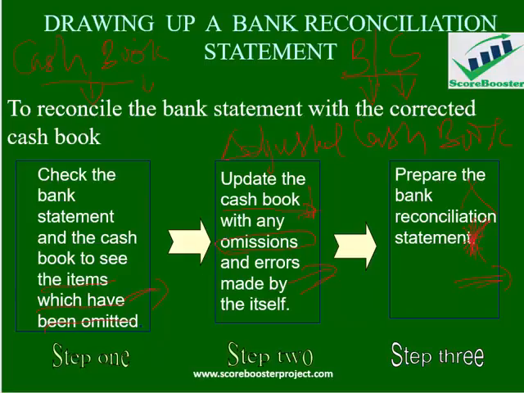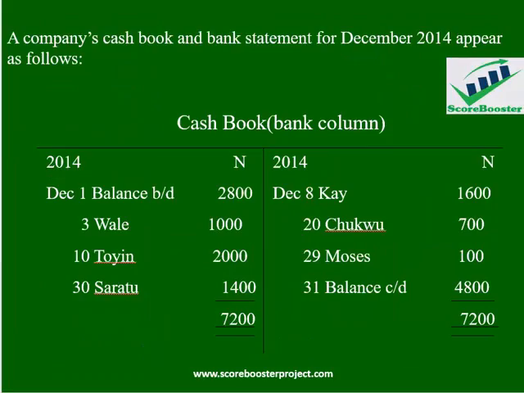So we will now briefly look at one example following these stages we have explained. We have a simple question here I want us to quickly go through so that we can appreciate what we mean. We are told that a company's cash book and bank statement for December 2014 appear as follows.